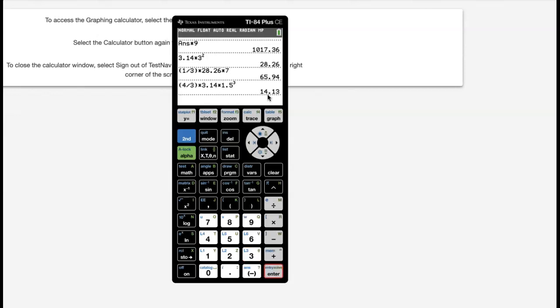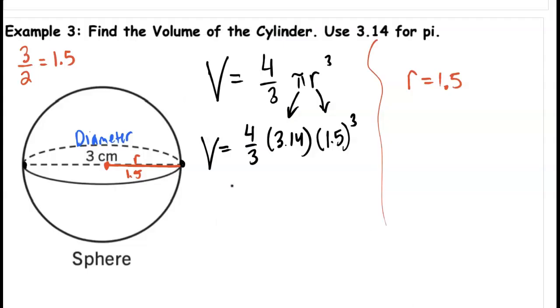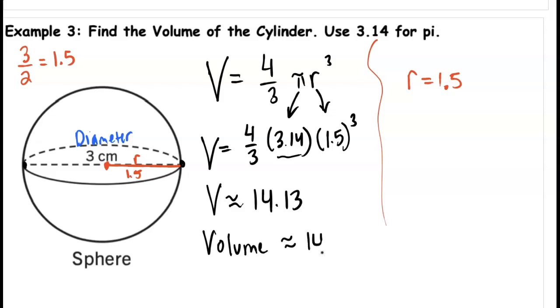So this is the volume of that sphere, 14.13. So volume is approximately 14.13. Again, it's an approximation because I'm using an approximation of pi. Remember, volume is measured in cubic units. So volume of this sphere is approximately 14.13 centimeters cubed.